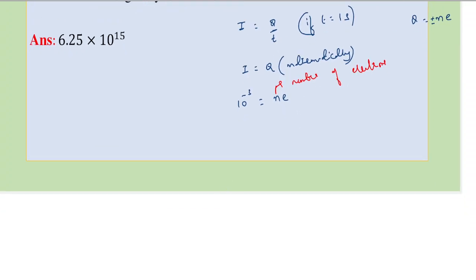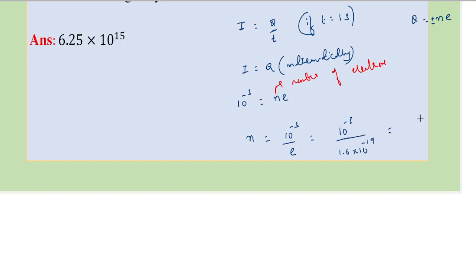Therefore from here we get N is equal to 10 power minus 3 by the electron charge, which is 1.6 into 10 power minus 19.